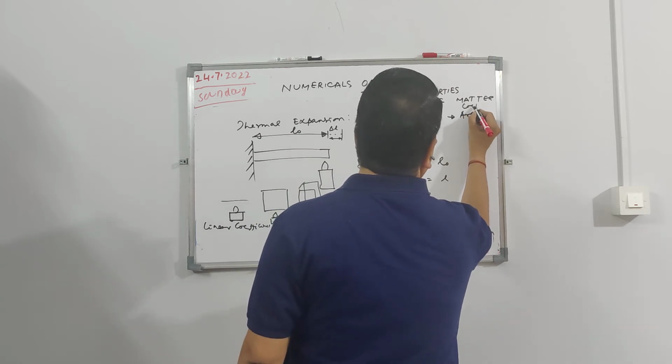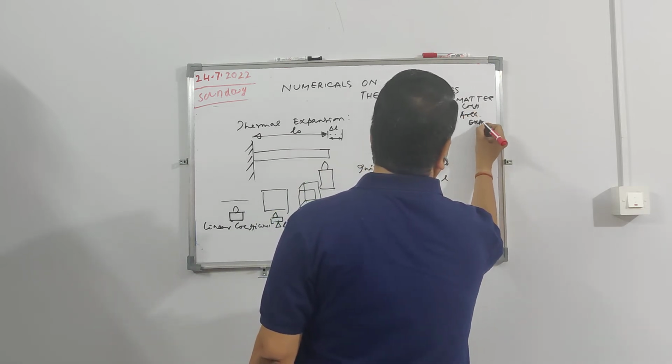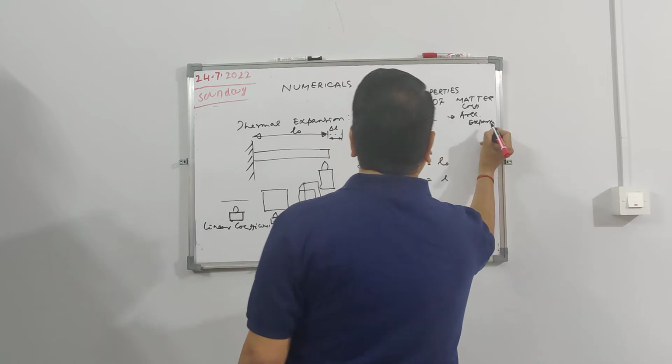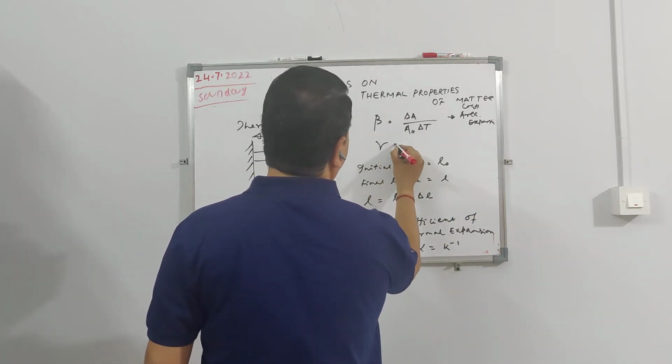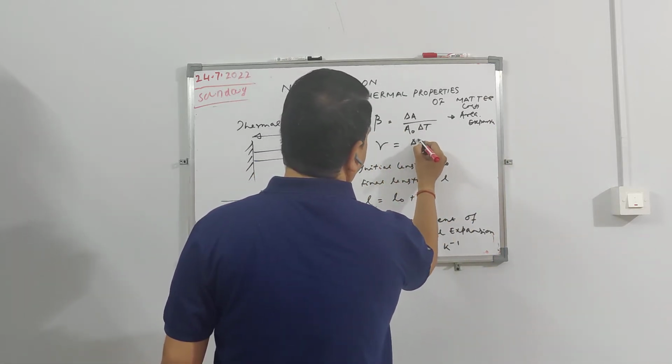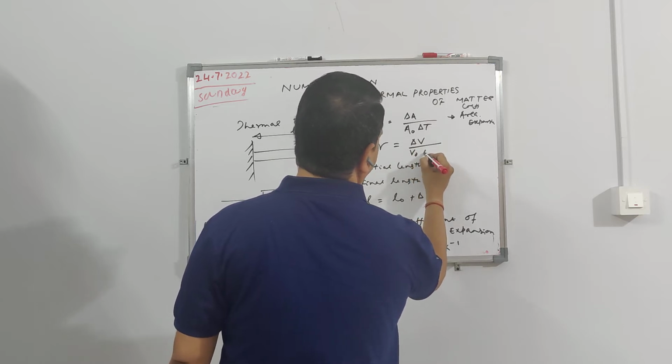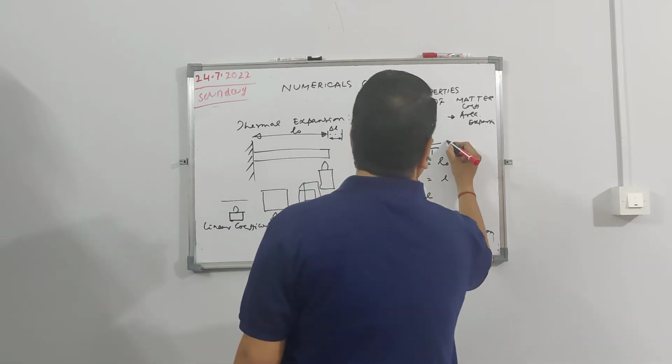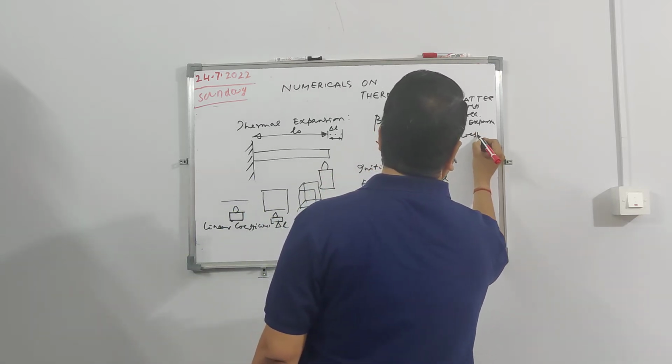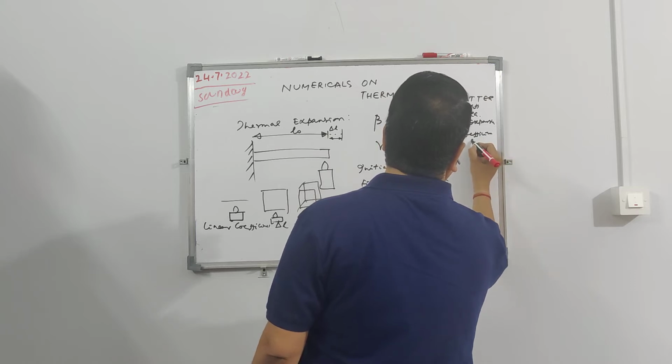And similarly there is something called gamma, which is delta V by V0 into delta T. This is the coefficient of volume expansion.